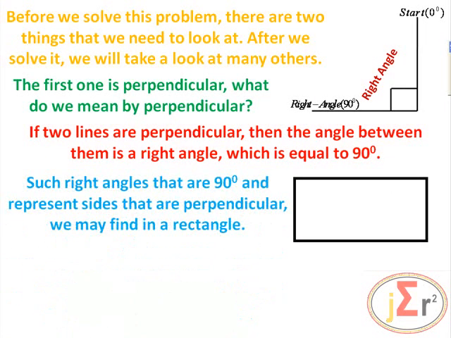Such right angles that are 90 degrees and represent sides that are perpendicular, we may find in a rectangle.